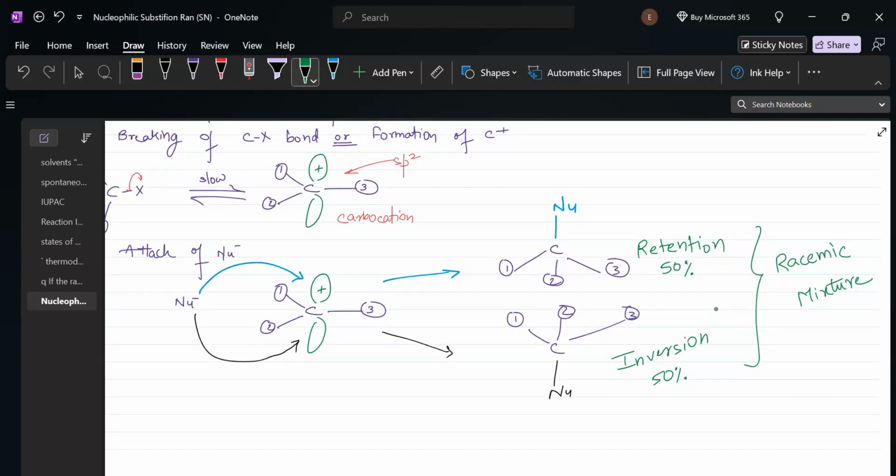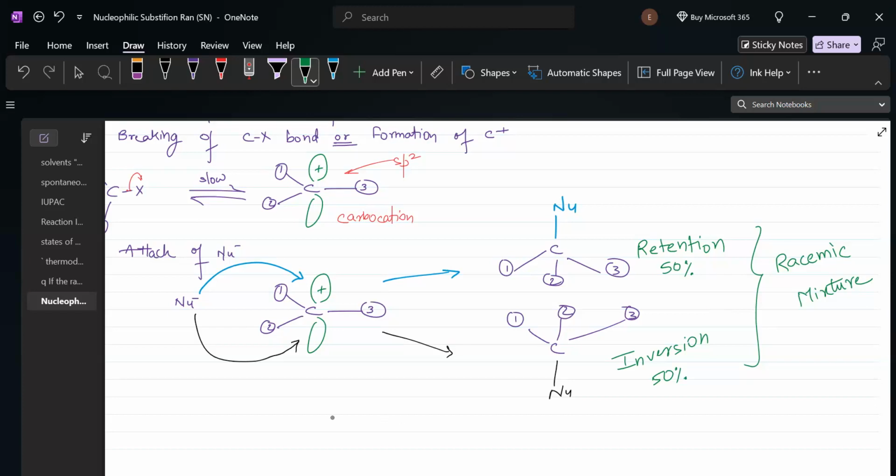The first one will rotate in the clockwise direction, and the second one will rotate in the anti-clockwise direction. That is why it is called a racemic mixture.